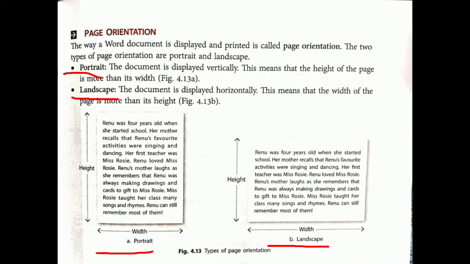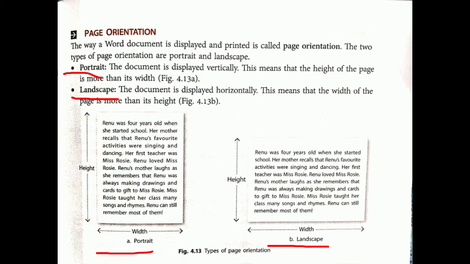Okay, and look at figure B, it shows landscape view. That is, the document will be displayed horizontally. Means width of the page will be more than the height. From that figure itself we can understand width is more than the height of that particular page. Okay, this is what we mean by portrait view and landscape view.